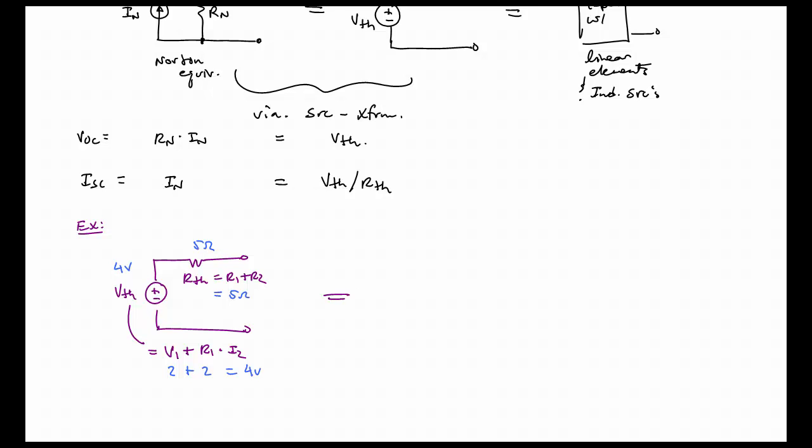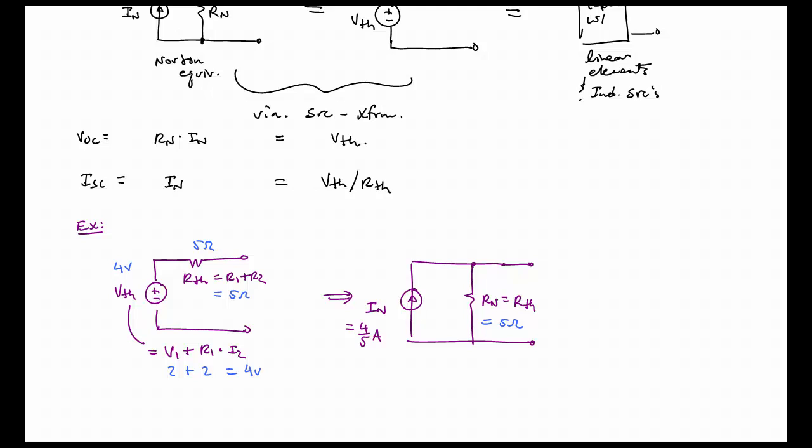Now if we were asked to find the Norton equivalent, recall in source transformation the resistance does not change, so Rn is equal to R Thevenin, and so that's going to be equal to 5 ohms. And In, the Norton current, will just be equal to the short circuit current of the Thevenin circuit, and that's going to be 4 volts over 5 ohms, 4/5 of an amp.